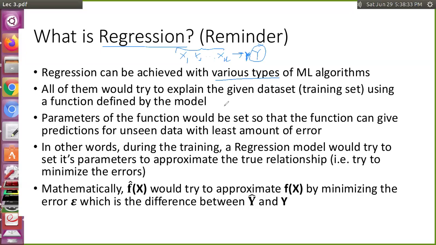What we are going to do in regression is build a model, right? Say this is the model, so that it can take certain x values, the input variables or the features, like x1, x2, xn, and predict the y value, right?